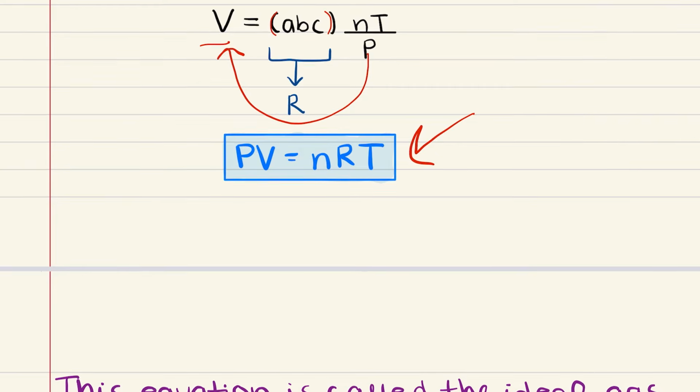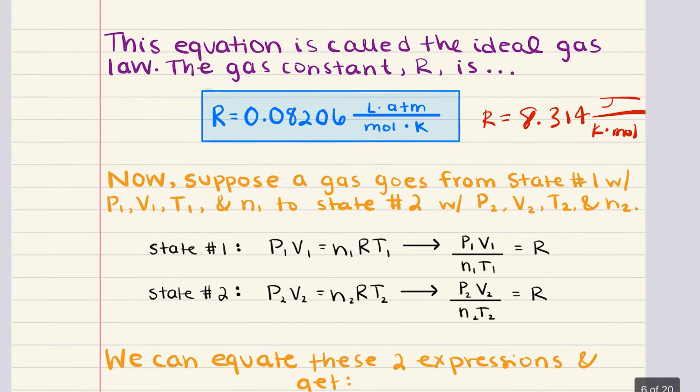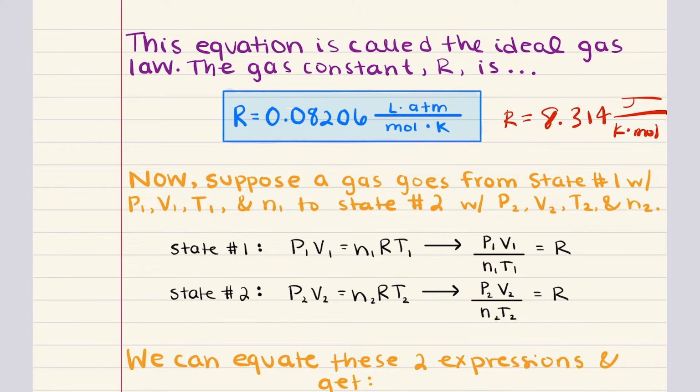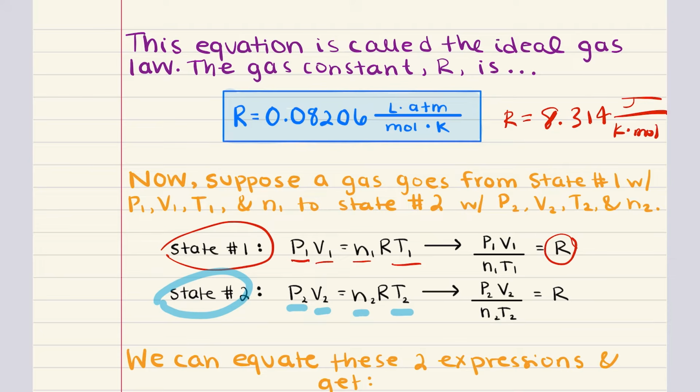Now, one type of problem that we can encounter involves a gas undergoing changes in its conditions. So in other words, suppose that a gas goes from state 1, where it's defined by the variables P1, V1, N1, and T1, to state 2, which is defined by the variables P2, V2, N2, T2. We can relate these states mathematically. How? Well, we can rewrite the ideal gas law for each state to equal the gas constant R. So for state 1, we can write that R is equal to P1 V1 over N1 T1.